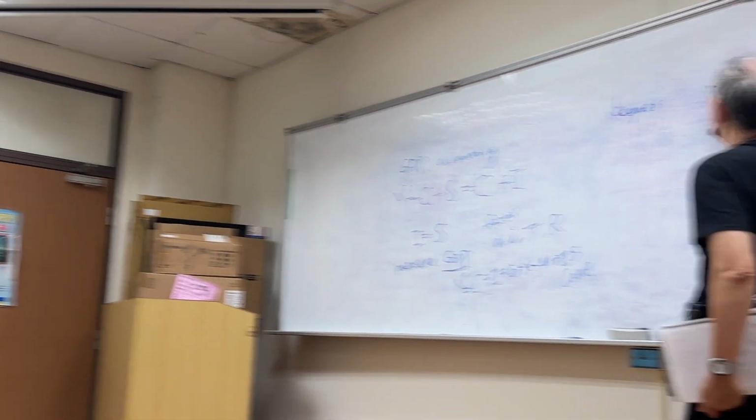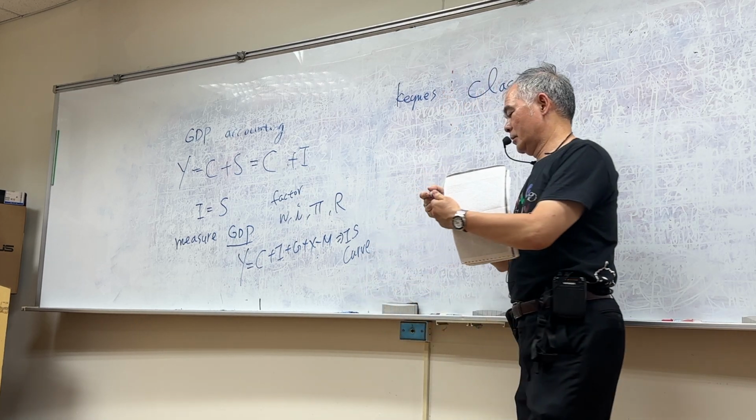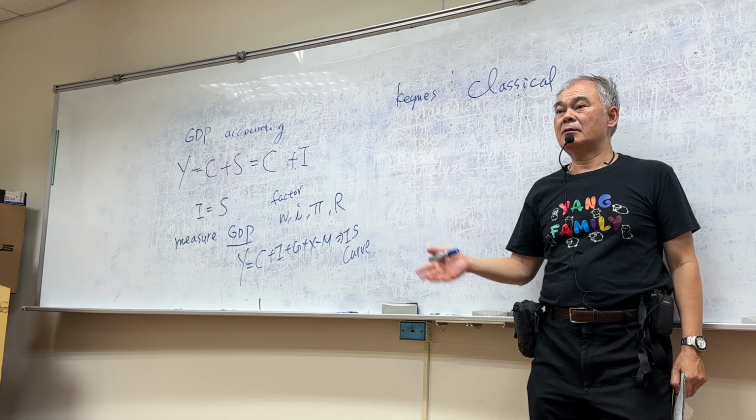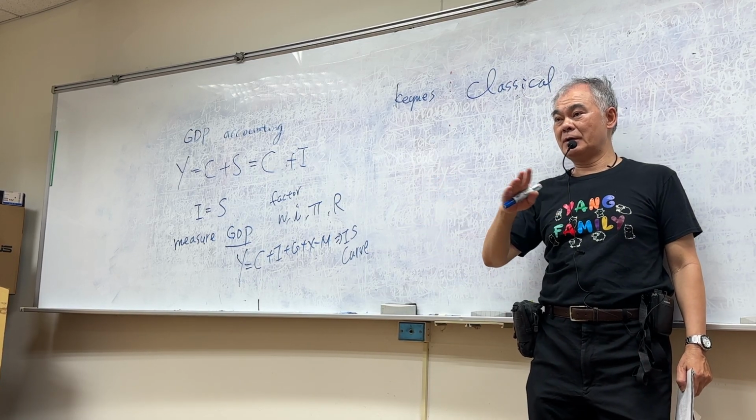Okay, and so what's wrong with the market? So the other one is what? Classical, right? Classical school. Classical school says that basically the market runs perfectly, okay, with an invisible hand. So you don't need to do anything.